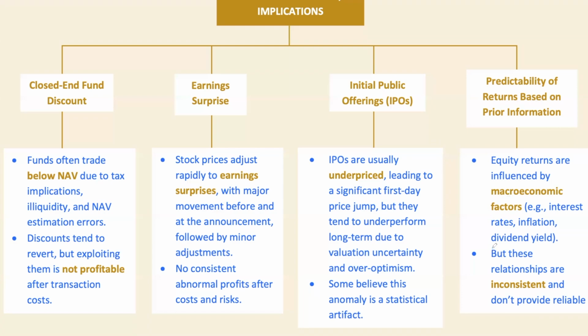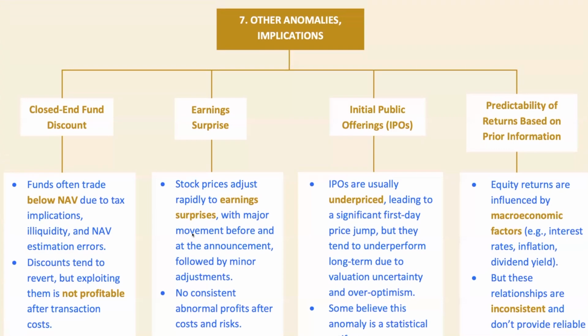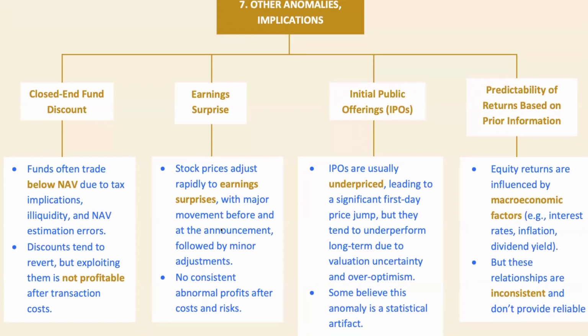Not necessarily. Because in an efficient market, rational relationships can still exist. The real question is whether you can systematically generate alpha after factoring in risk. Often, the relationships vary across time and aren't stable enough to produce consistent superior returns.